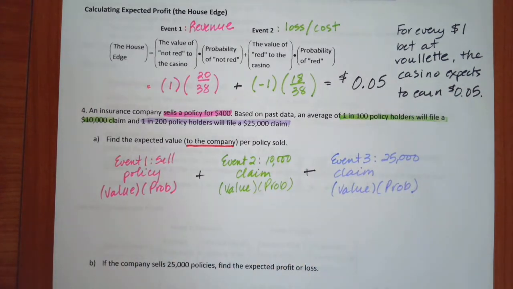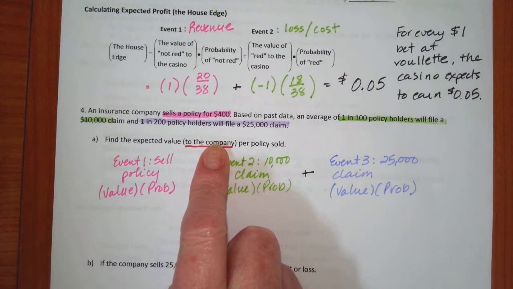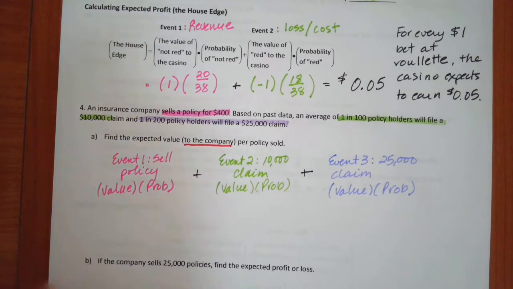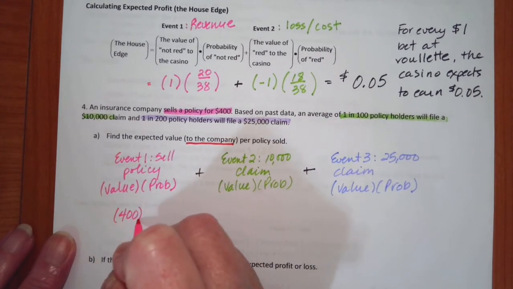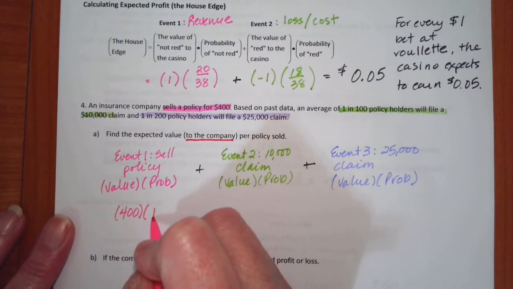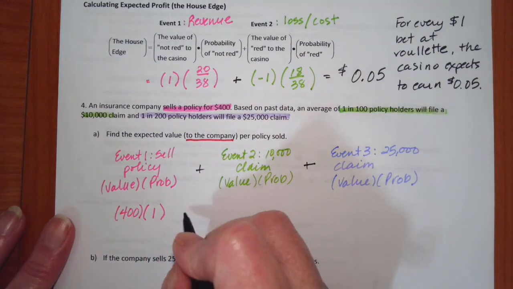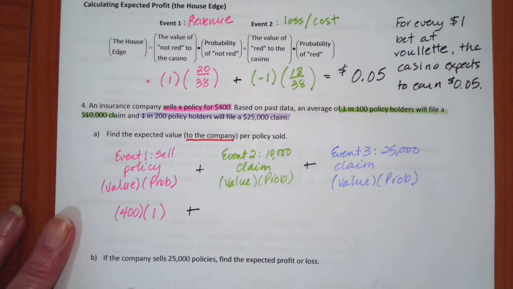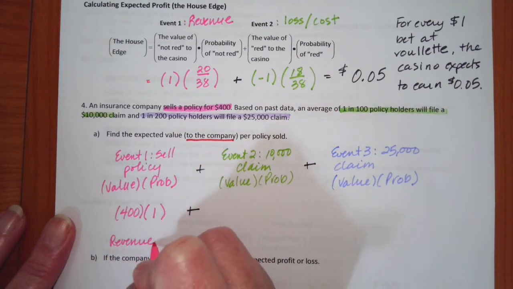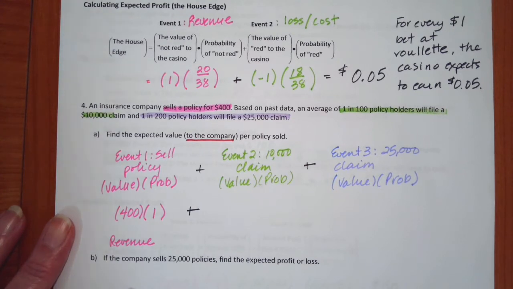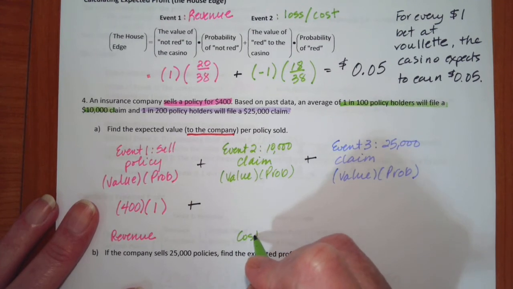And we're looking at it from the perspective of the company. So the expected value: they sell the policy. The value of that policy is $400, and they've sold it, so the probability is 1. That is income; this is going to be revenue. If they have to pay out a claim, this is going to be a cost.